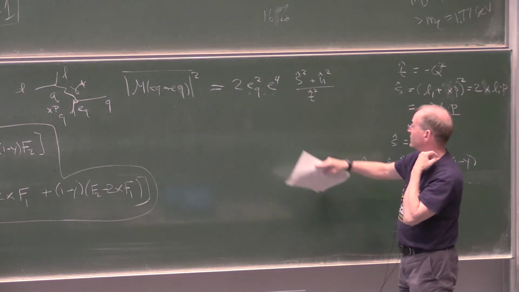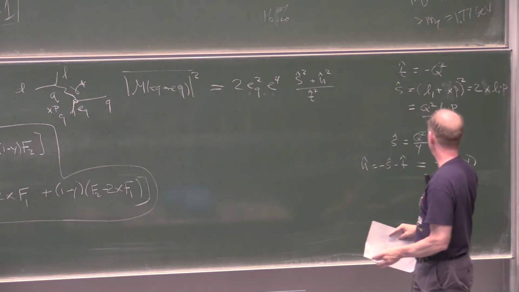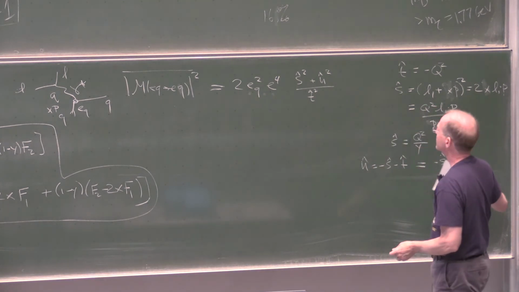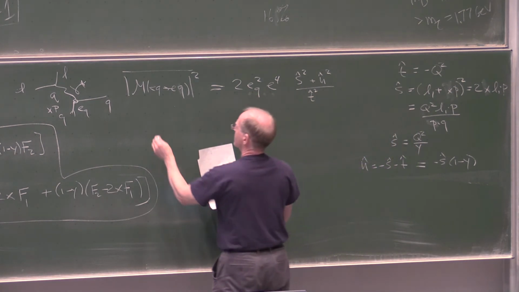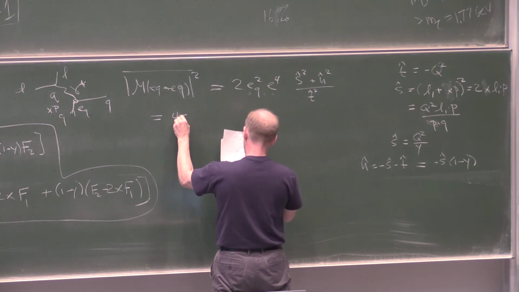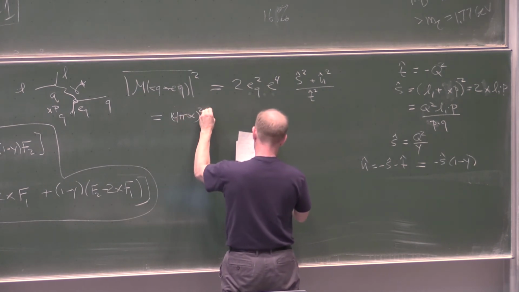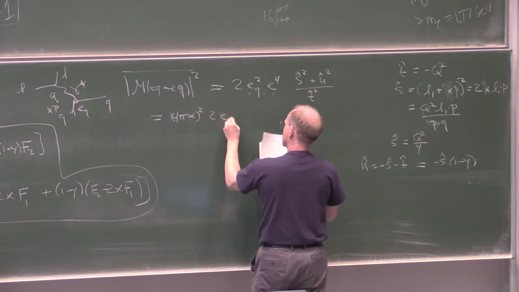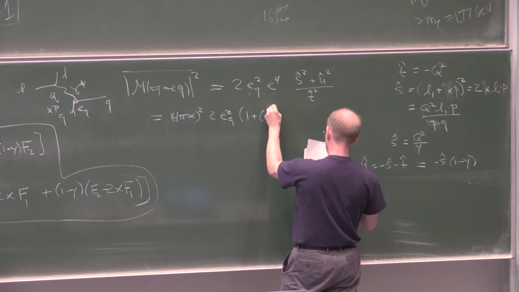So when you take this matrix element for this short distance cross section and plug in these values, you get something like 4 pi alpha squared. I'm not paying any attention to overall factors that are constants, really.